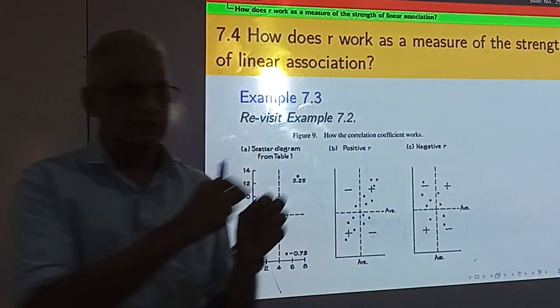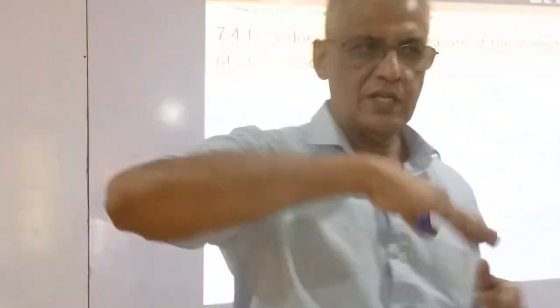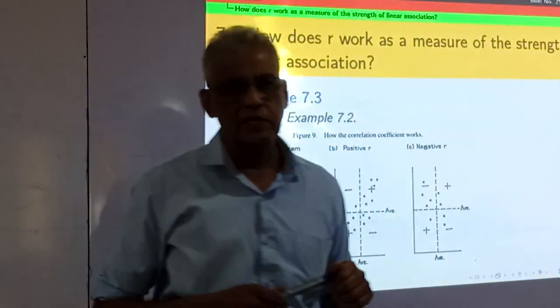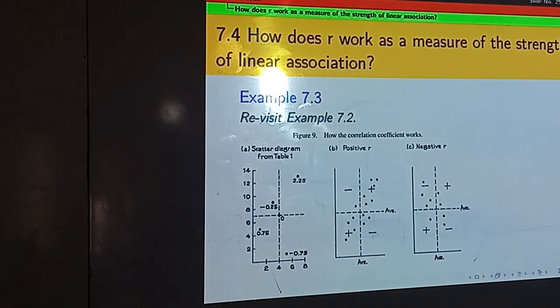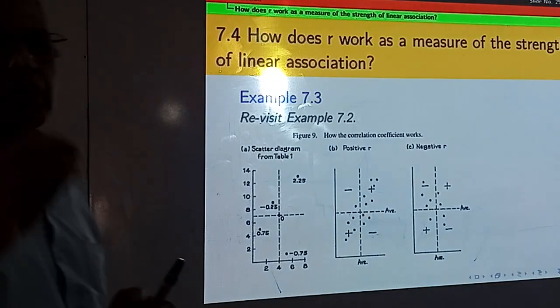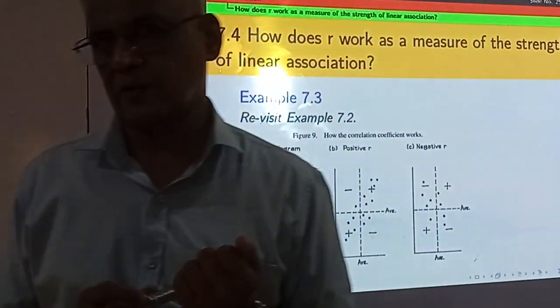One thing is, by the sign of R, we can decide whether it's a positive linear relationship or negative linear relationship. So the sign should show whether it's positive or negative. And also the size of the R should tell you how strong the relationship is.